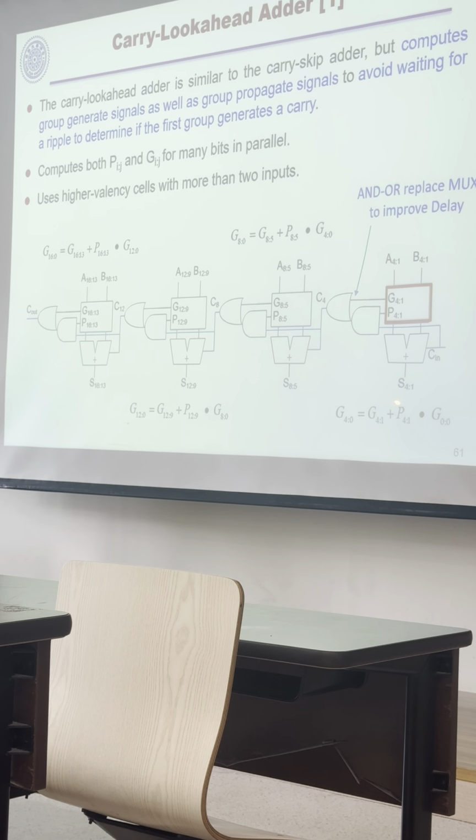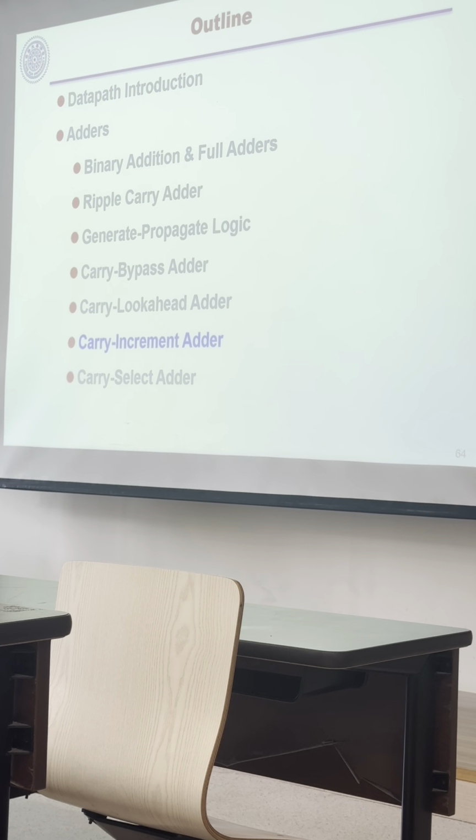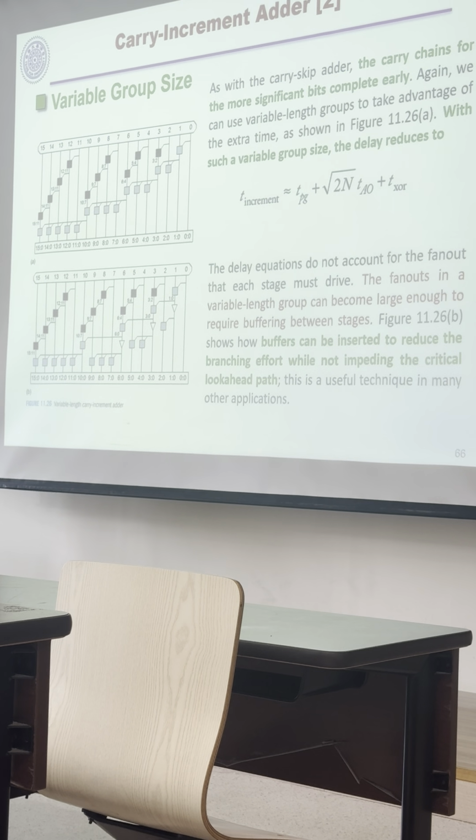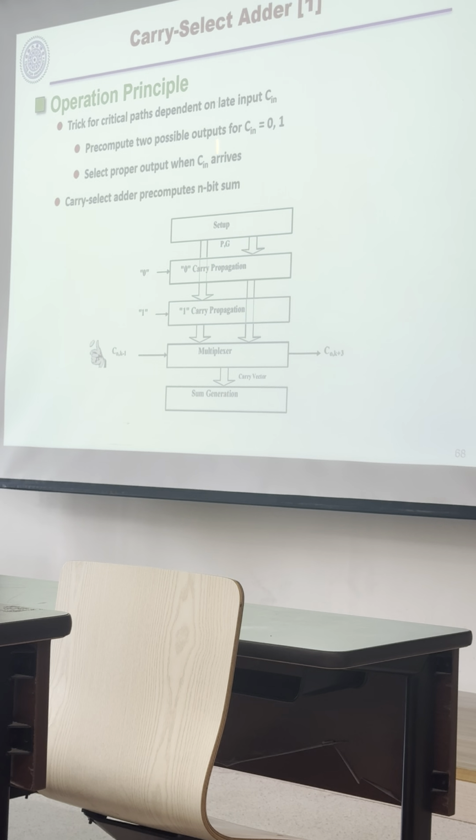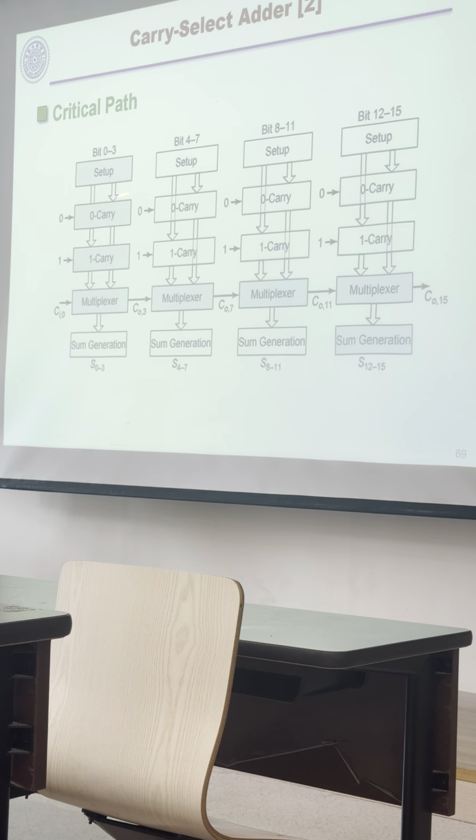So if you go back to this equation, you see this P and G input is in, and then all this G here. Make sure you understand this operation concept first, and then you try to remember this one. And then the select adder, I think, if you understand the previous two adders, this is not difficult.